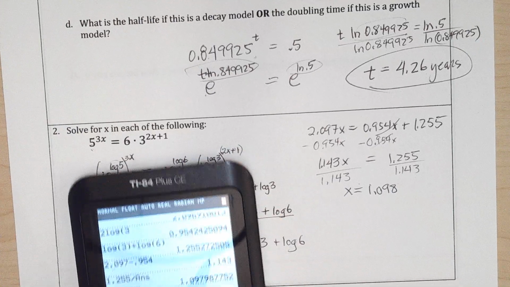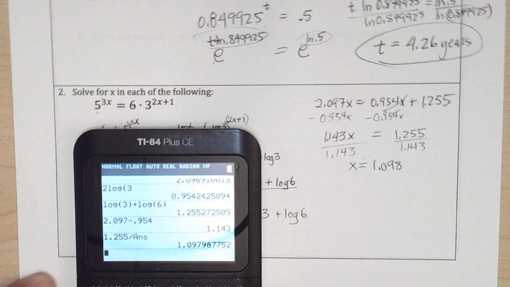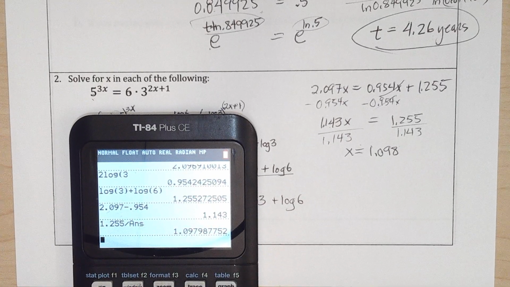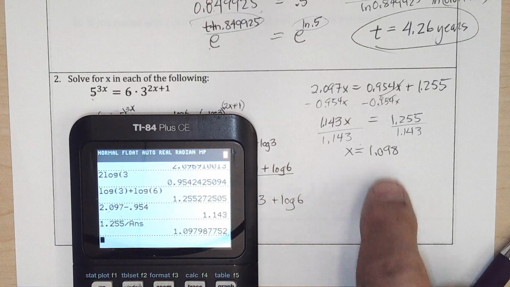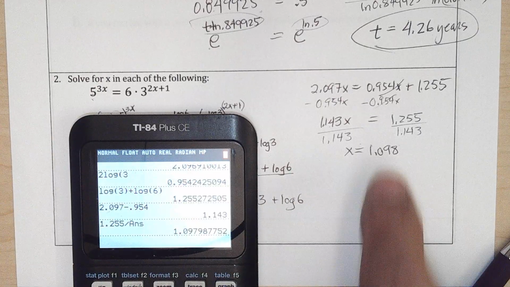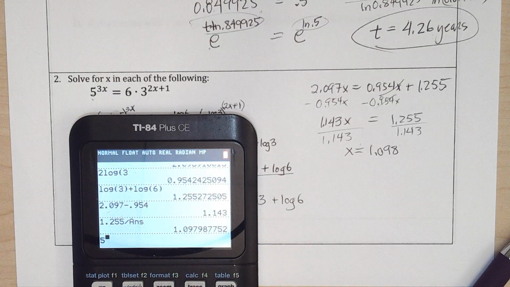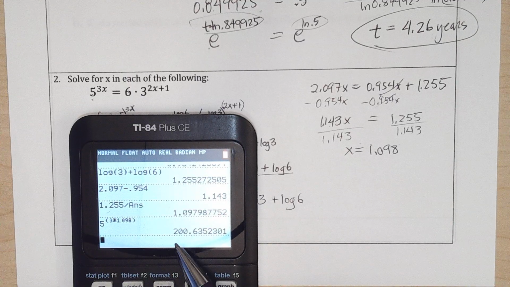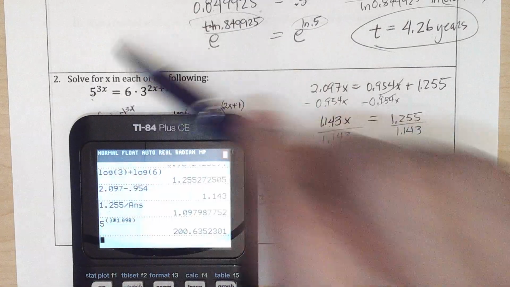Now, if I wanted to check it to make sure I got it right, I'll take 5 to the parenthesis 3 times 1.098, and I get just over 200 for this side.